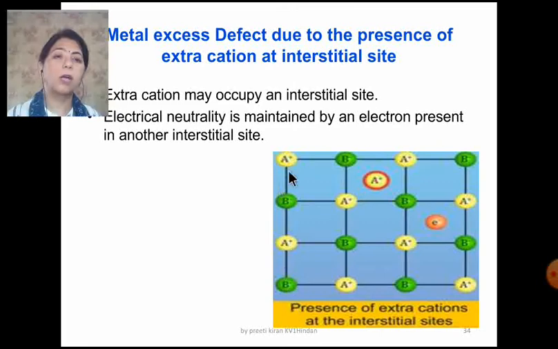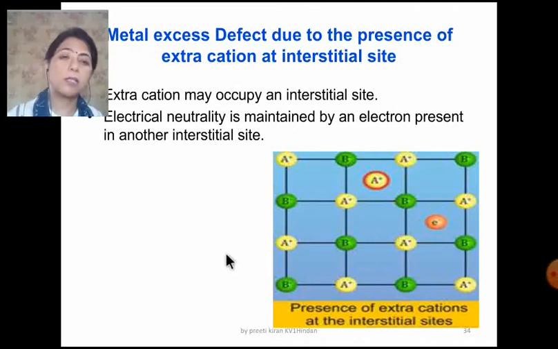They are all at their assigned positions, but there are extra cations in the interstitial site. The electrical neutrality is maintained by an electron present in another interstitial site. So here is the cation and in the neighboring interstitial site we have this electron present. So the electrical neutrality is maintained.